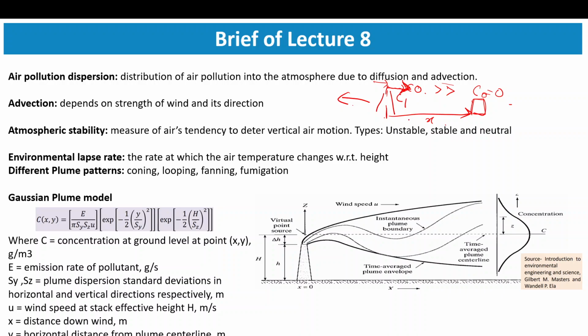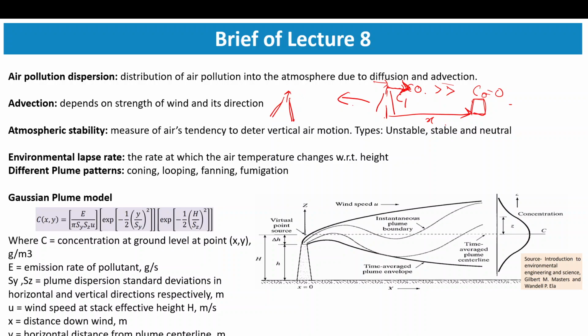Now, why do we need to learn in what direction the pollution is traveling? Say, for example, this is a chimney, and from this a gaseous stream is emitted.